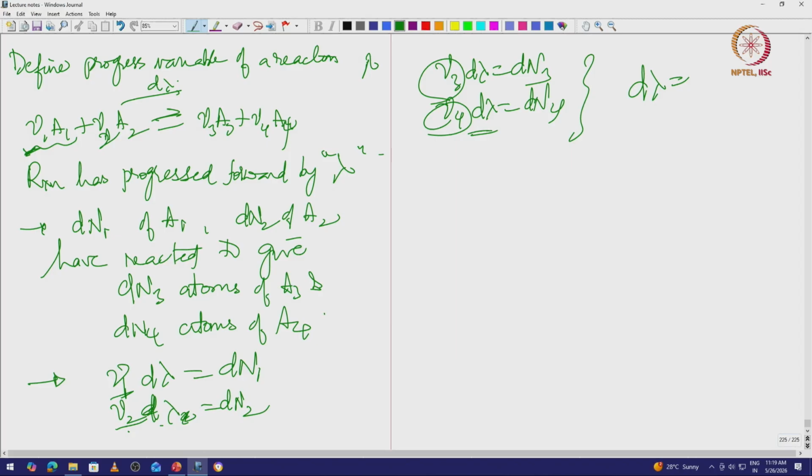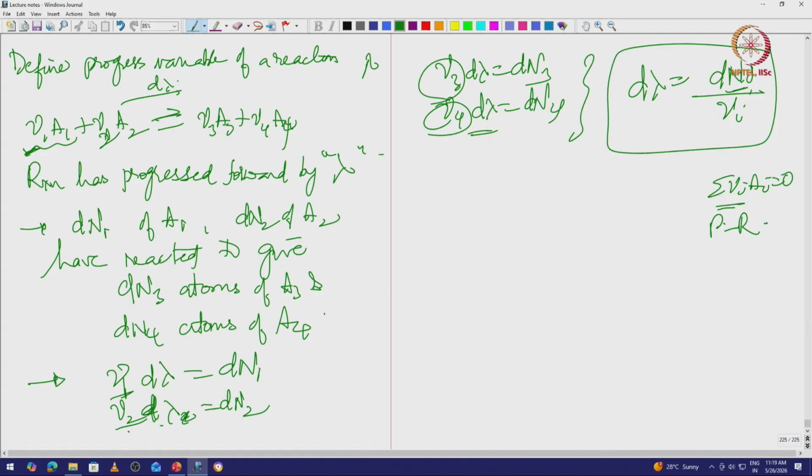So then I can write d lambda is just dn_i divided by nu_i, right. How much did the species i lose or gain, when I put it in the form of sigma nu_i A_i equal to 0, where this is products minus reactants, and what is its stoichiometric coefficient, that gives me what the d lambda is, right.